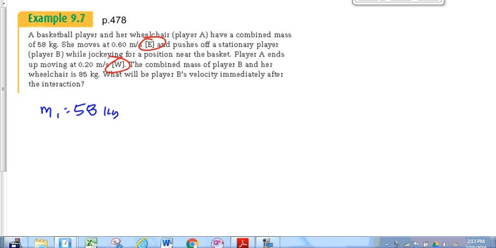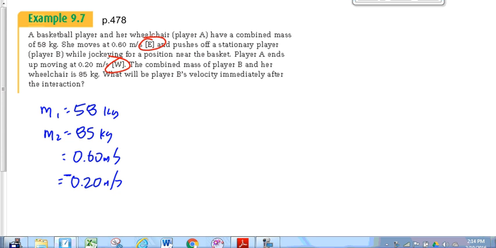M1, V1I. Okay, although letters are fine if it works for you. M2 is 85 kilograms. Something is 0.60 meters per second. Something is 0.20 meters per second, actually negative because it's to the west. Not going to forget that because I've got it circled.